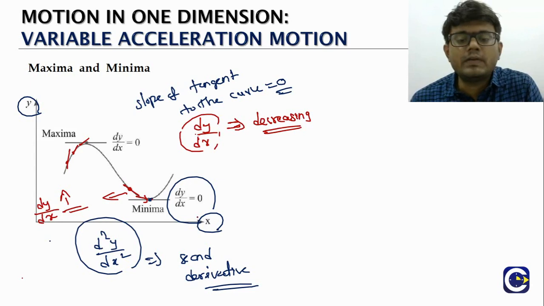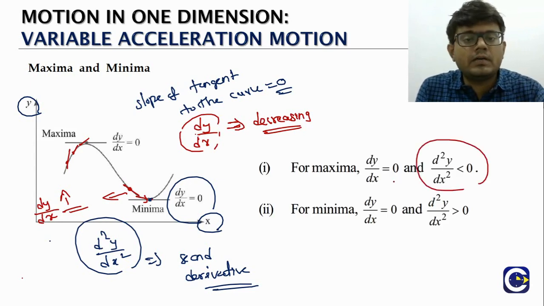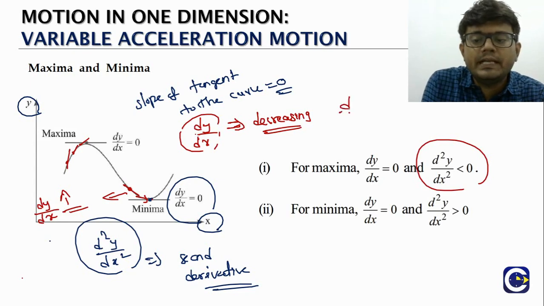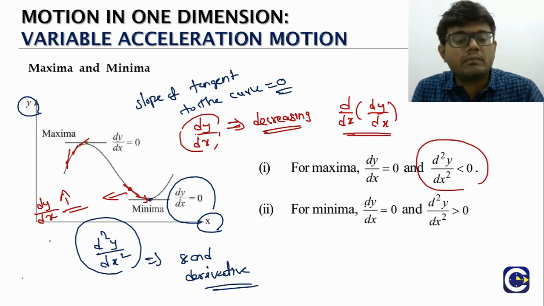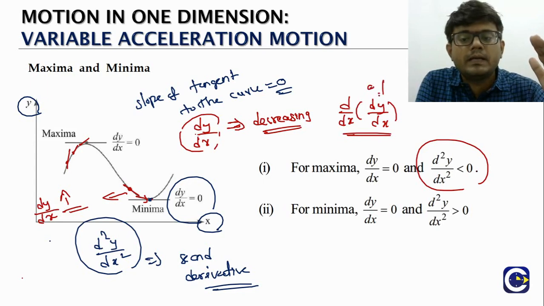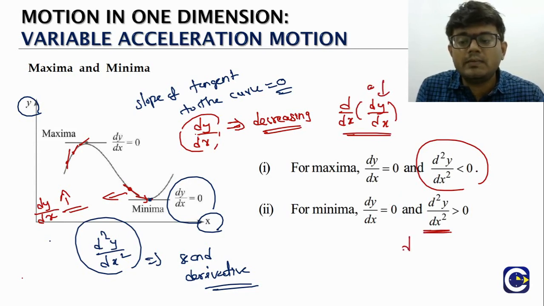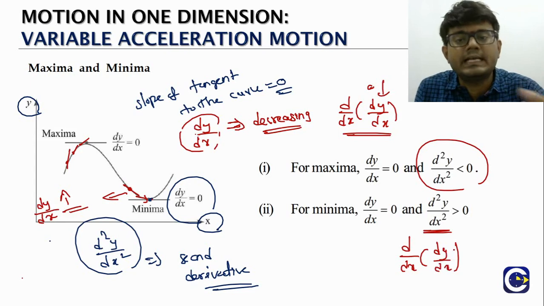So accordingly, the derivative of the slope means you take a derivative of the slope itself. Slope is dy by dx. If you take a derivative of the slope for maxima, that will be negative because the slope value will be decreasing. Whereas for the minima, if you take a derivative of the slope, that is the second derivative.